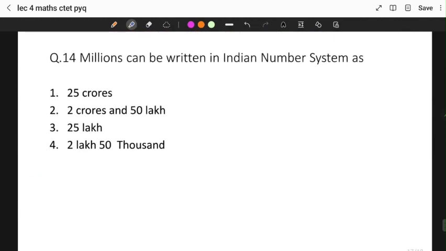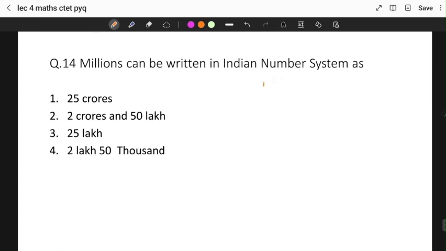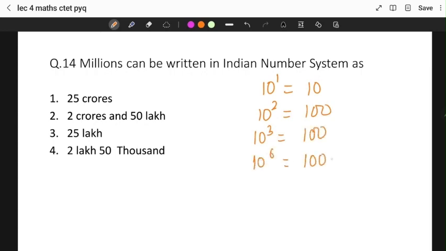14 millions can be written in the Indian number system as what? Now here, 10 raised to 1 means 10, which is 1 zero. 10 raised to 2 means 2 zeros are added, 10 raised to 3 means 3 zeros are added, 10 raised to 6 means 6 zeros are added, and that is 1 million.